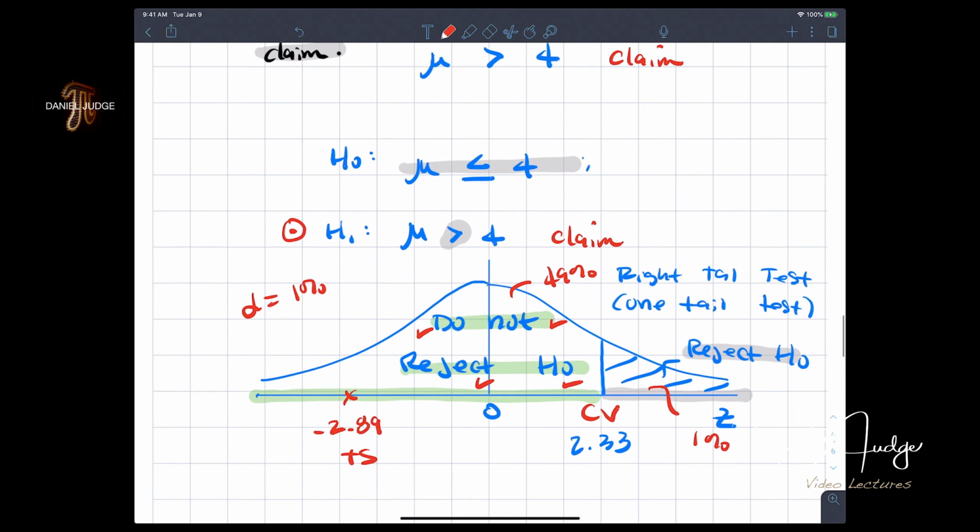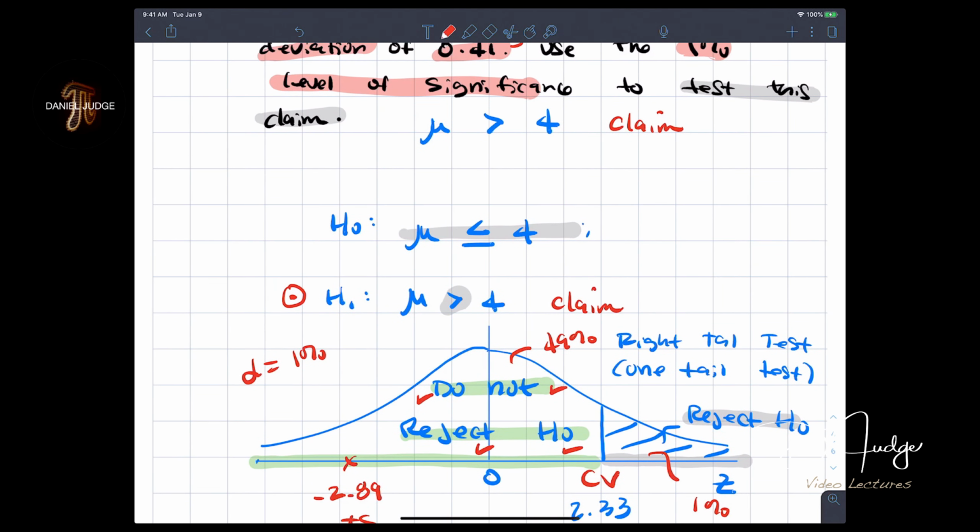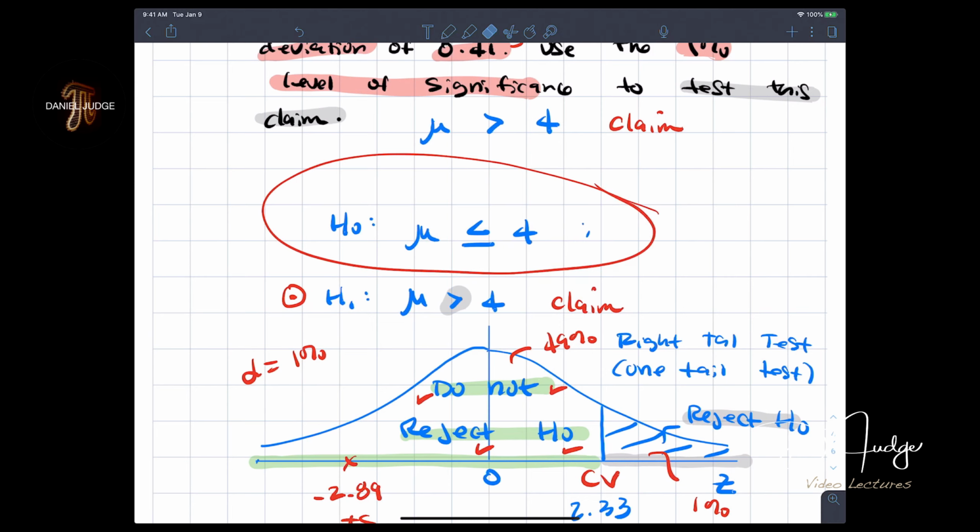You say, where's the null? Here you are, null. We don't reject you. We accept you. Null, you're not rejected. Right? This is it. We do not reject the null. Don't reject it. If you're not rejecting it, you're accepting it. That's what this test reveals.